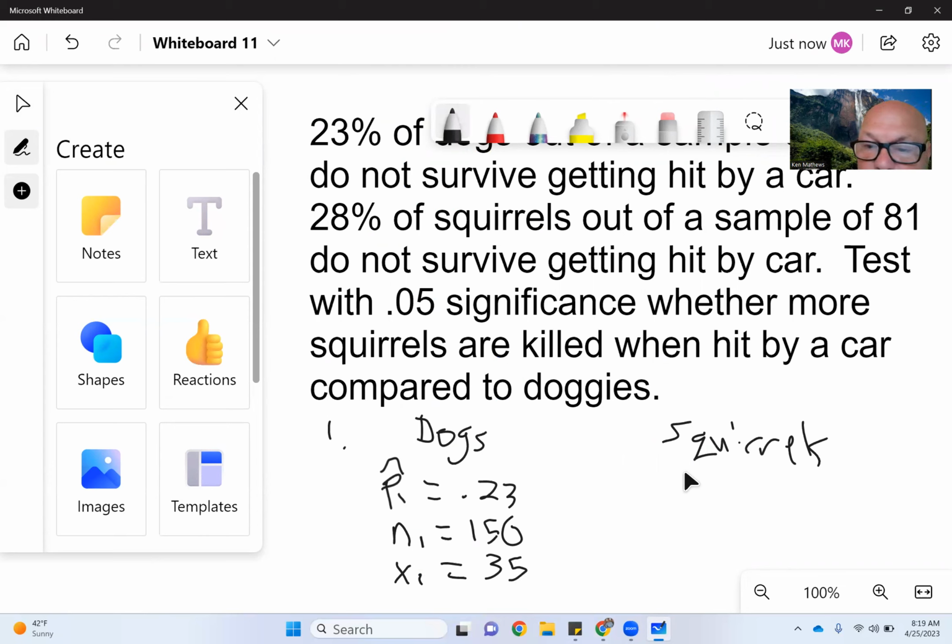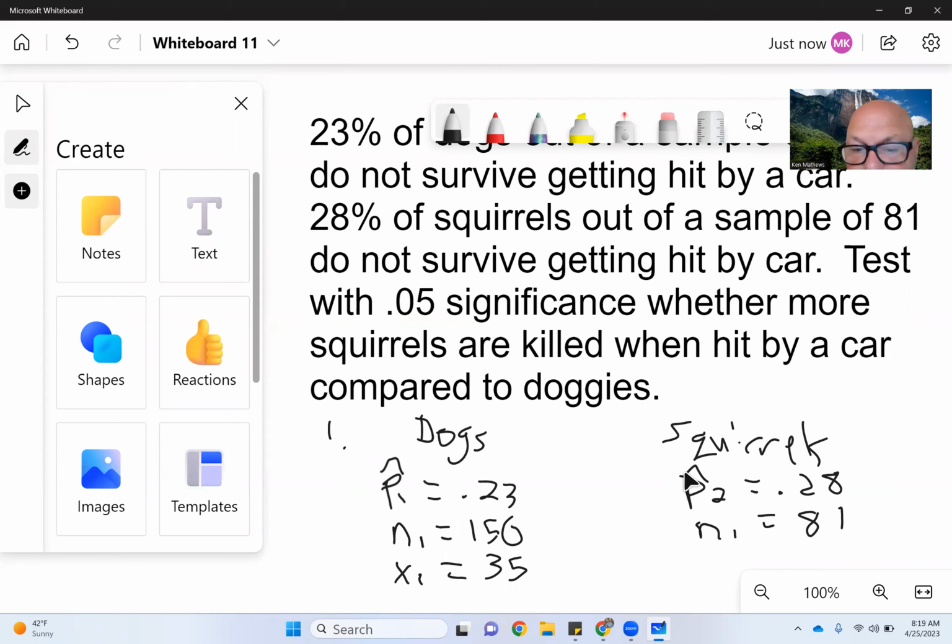Now for squirrels, p2 hat is equal to 28%. Notice I put it as a decimal; you can't put just 28. The number of squirrels we tested is 81.